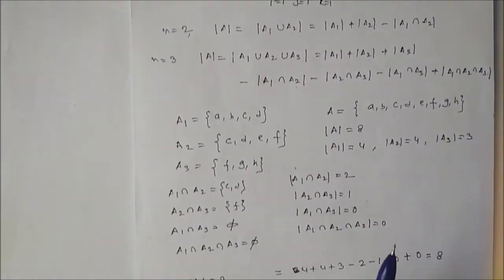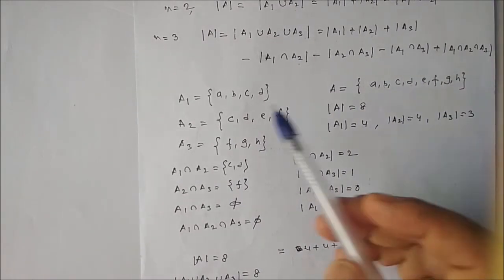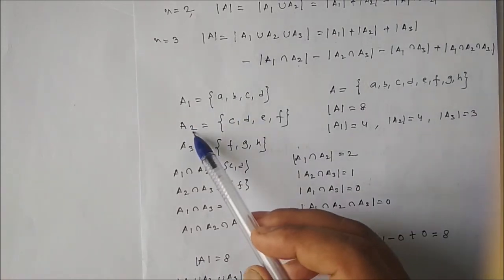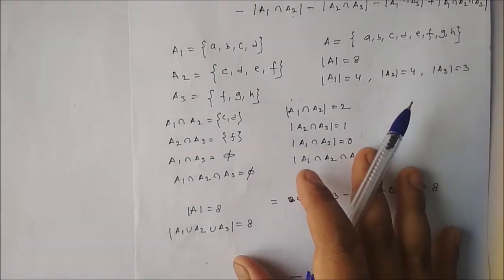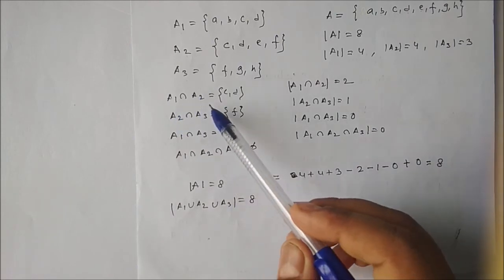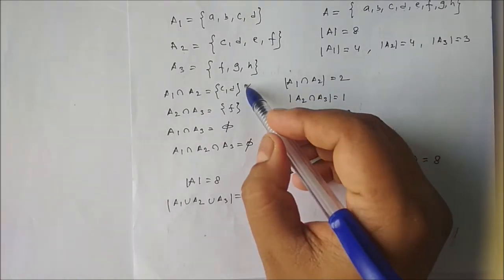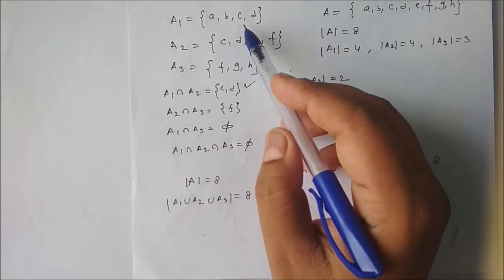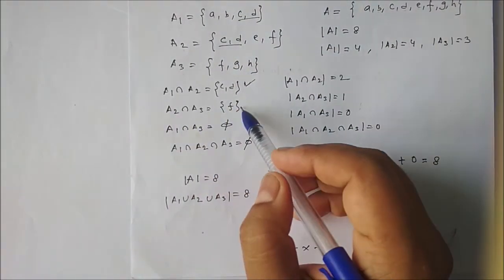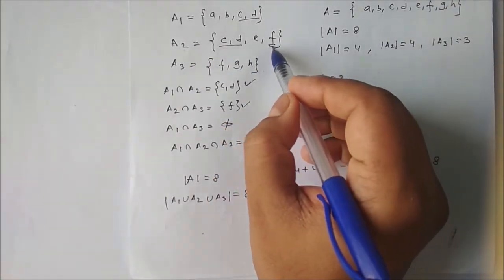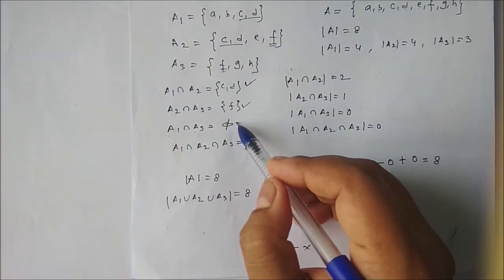Okay, so we can see an example. A contains the elements A, B, C, D, E, F, G, H. The elements of A1 are A, B, C, D, the elements of A2 are C, D, E, F, and the elements of A3 are F, G, H. Now A1 intersect A2 is the common elements present in A1 and A2, so C and D. Similarly, A2 intersect A3 is F. A1 intersect A3 has no common element present.